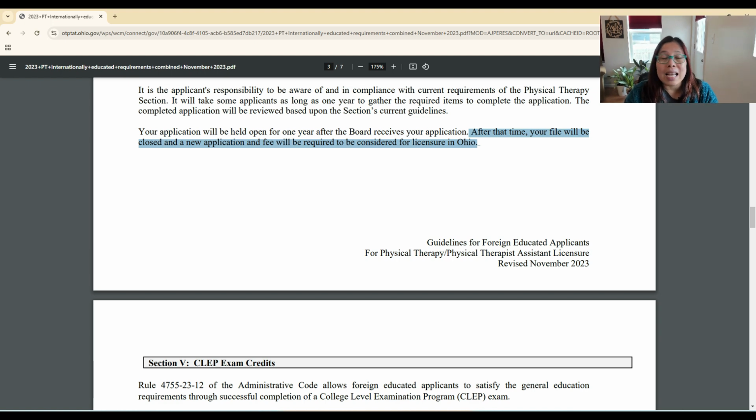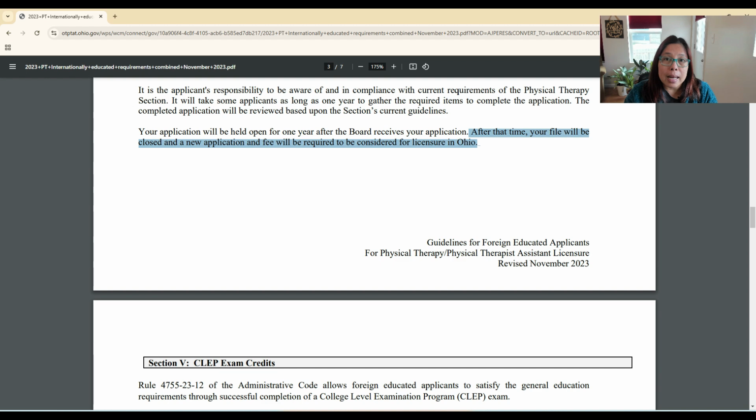If you're licensed from another state here in the US, make sure that you ask for a license verification from that state to the state of Ohio. Then again, you have to pay the fee and submit all the documents that the state of Ohio requires from you.